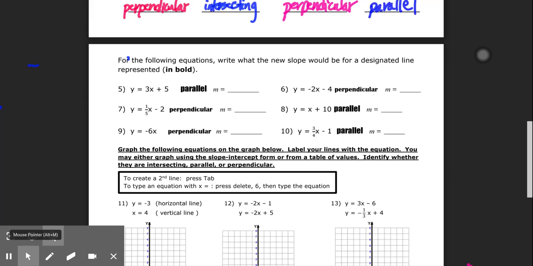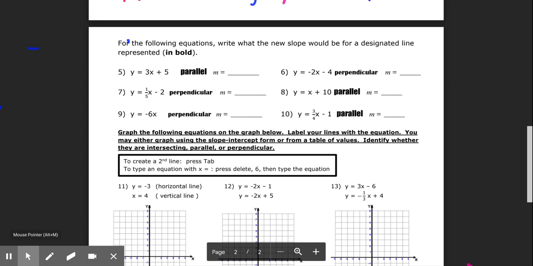All right, let's go on to the back page. It says, for the following equations, write what the new slope would be for a designated line represented in bold. On problem 5, if you want a slope that's parallel to that slope right there, then your slope needs to be 3.